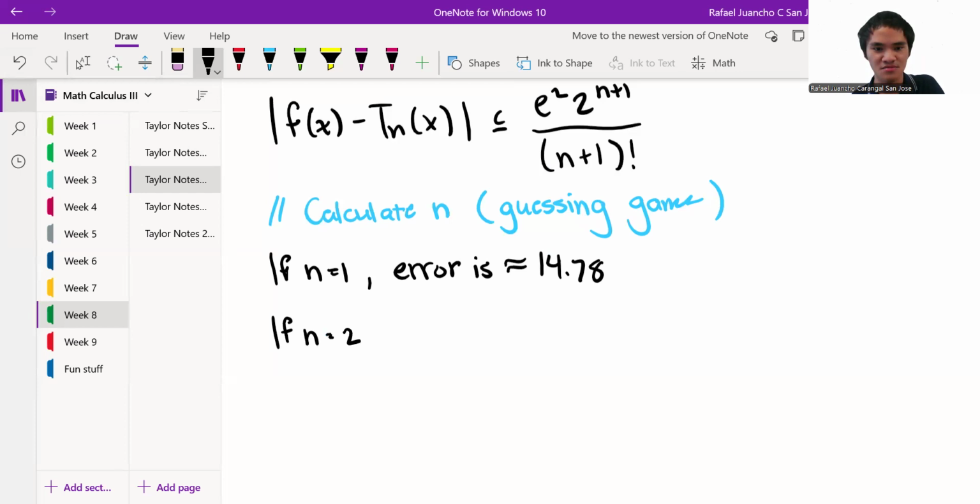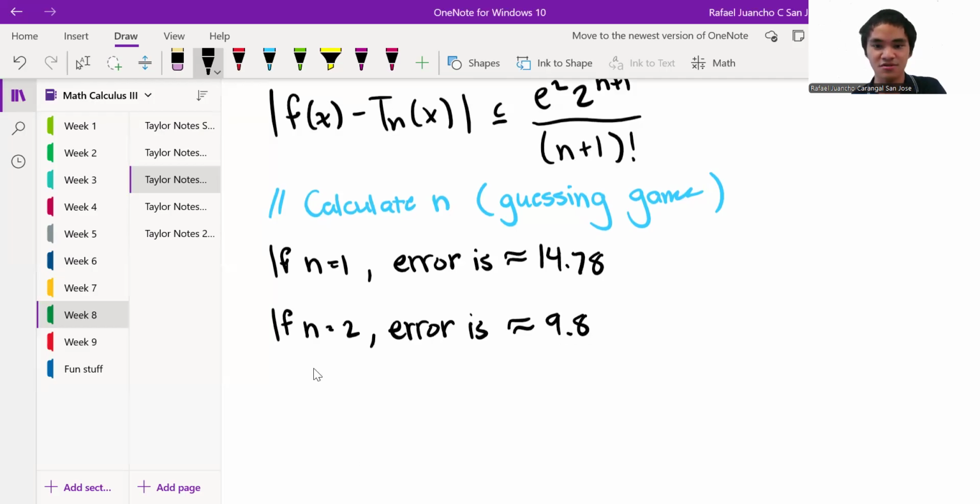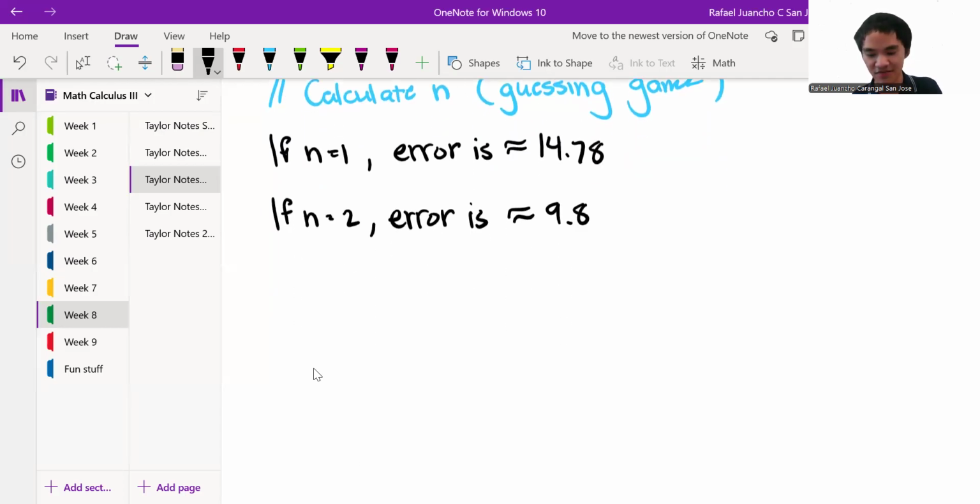If n is 2, let's make these 2. Well, now it's 9.8. So it's actually gradually getting smaller. Okay, let's actually up it a bit. Let's do 5. Or let's actually do 7. It's really just a guessing game. 7. 0.046. There we go.